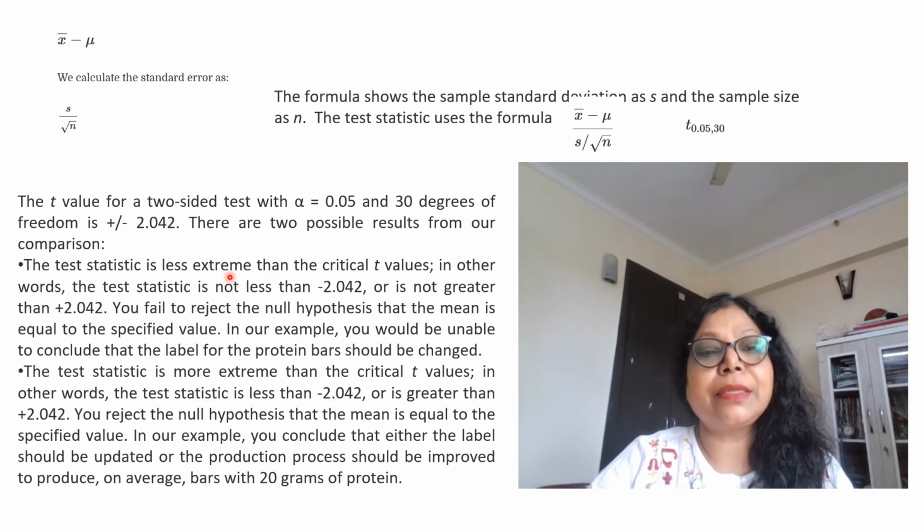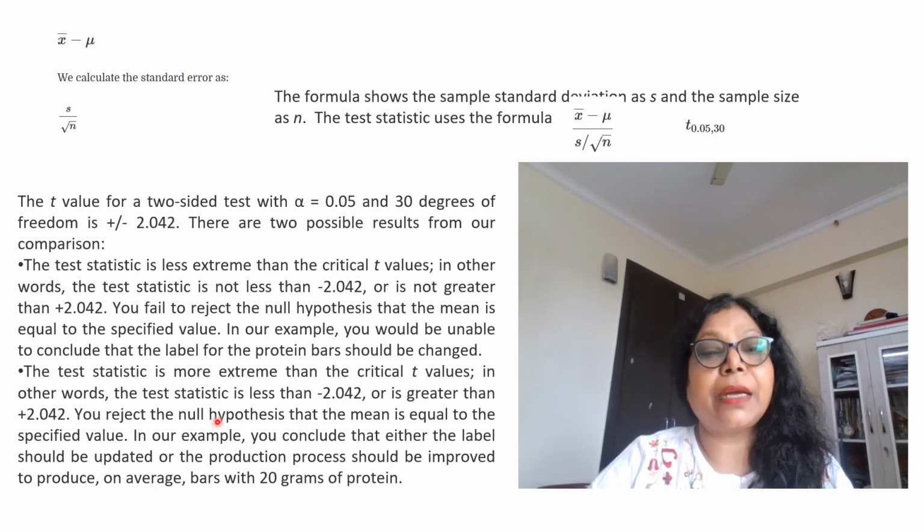We compare the test statistic to a value t, with our chosen alpha value and the degrees of freedom for our data. Using the energy bar data as an example, we set alpha as 0.05. The degrees of freedom, as we have seen, is 30, that is 31 minus 1.